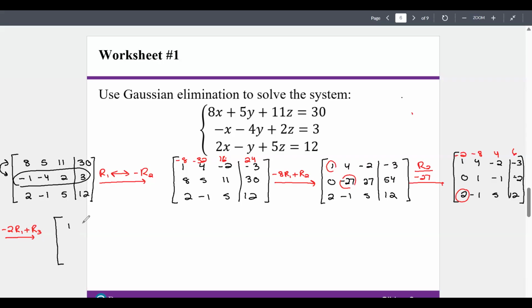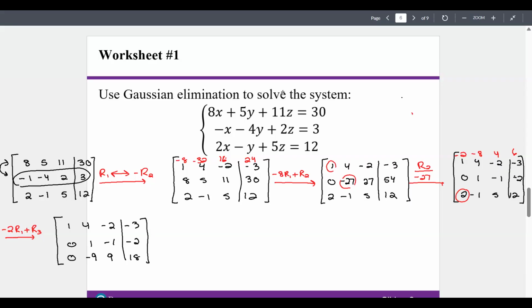So we end up with the 1, 4, -2, -3, 0, 1, -1, -2. Then -2 plus 2 is 0. -8 plus -1 is -9. 4 plus 5 is +9. 6 plus 12 is 18.